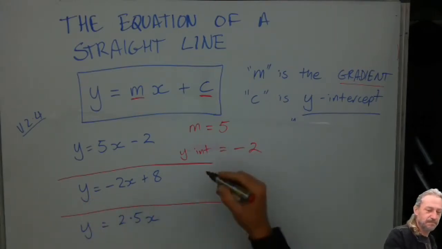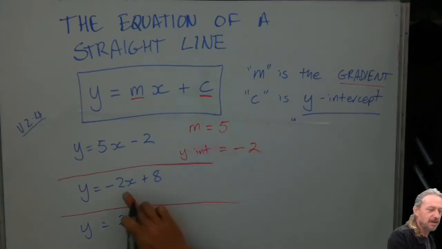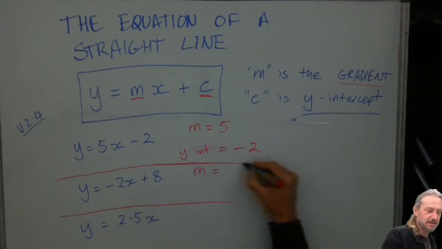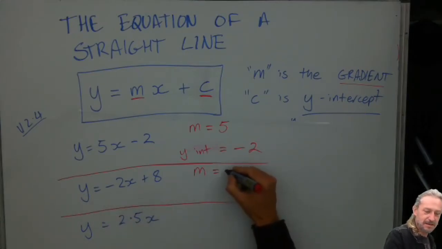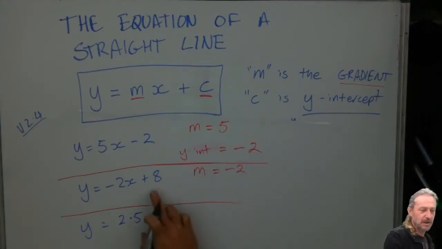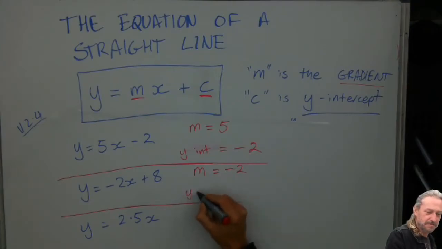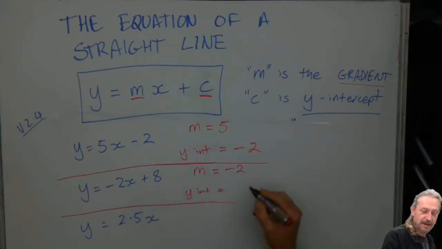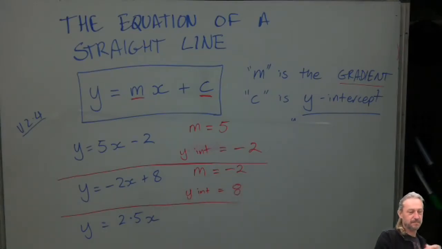So this one, y equals negative 2x plus 8. Our gradient is this number in front of the x, negative 2. And the y-intercept equals positive 8. So we'll just write that as 8.